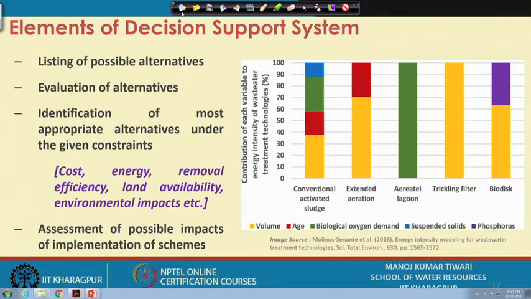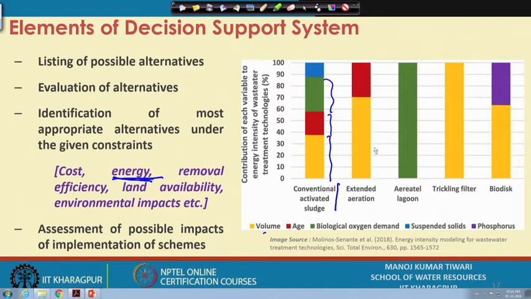Okay. So, there could be multiple aspects, multiple evaluations. Okay. So, for say, this is the contribution of the various variables in the energy intensity of wastewater treatment technologies. So, if your idea is to say investigate energy, like how we can optimize energy. So, you see that the conventional activated sludge process has close to 40% of energy attributed to its volume, then some energy attributed to its age, then some energy attributed to its BOD, and some to suspended solids.